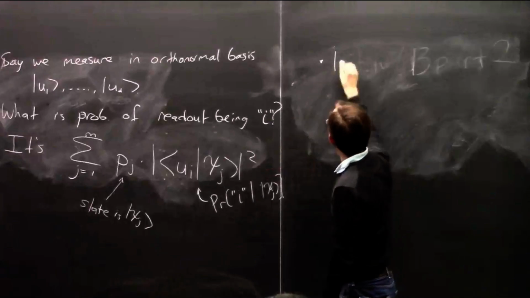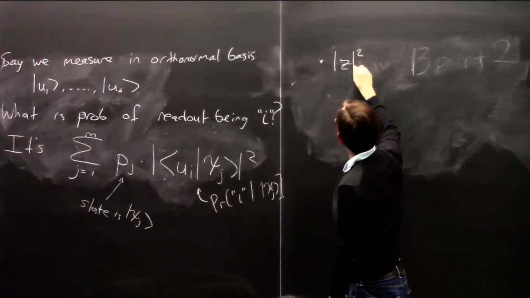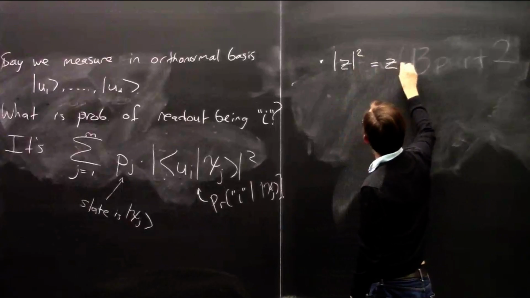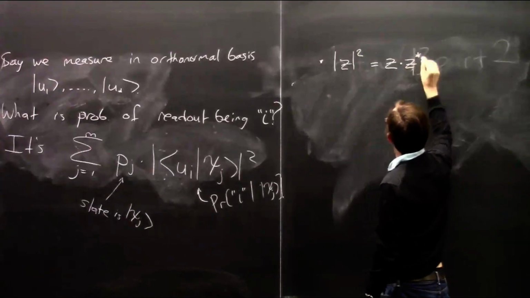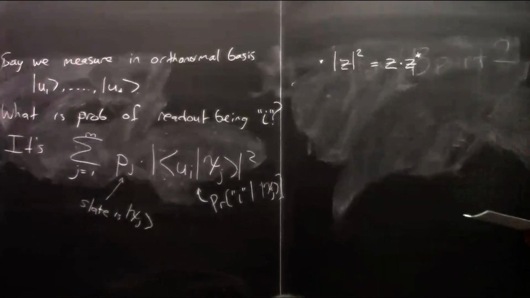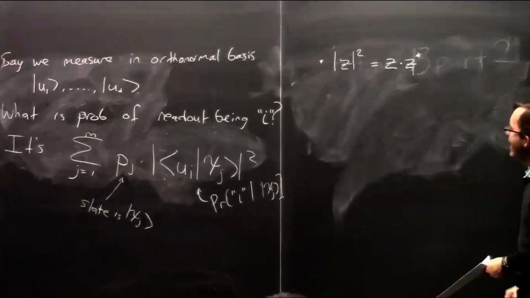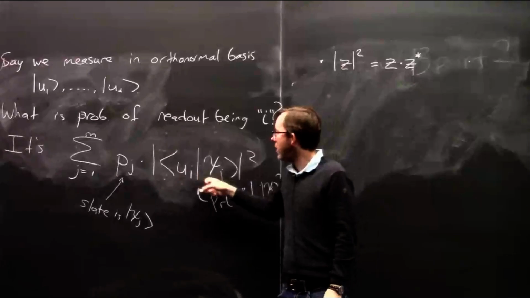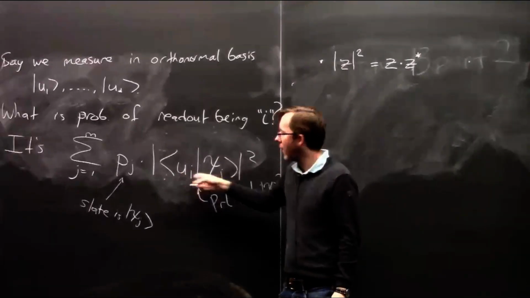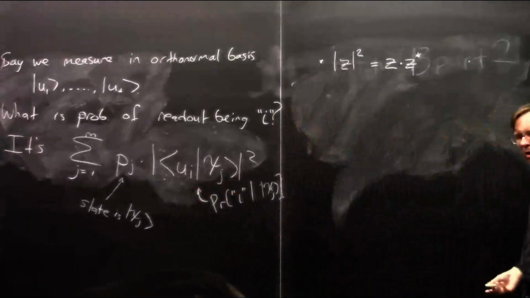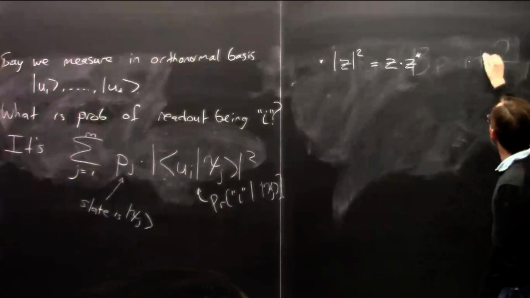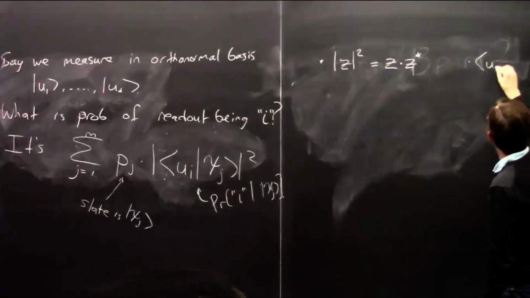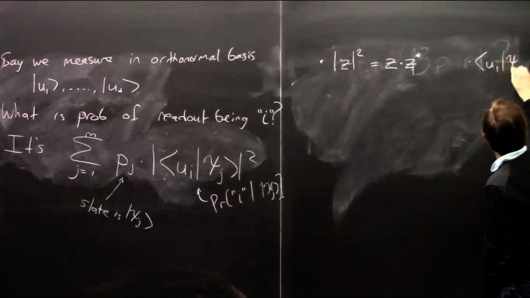We have here the magnitude squared of a complex number z. Just want to remind you that that's z times z conjugate. It's a fact about complex numbers. And I also want you to think about this as the inner product between these two vectors. It's like a 1 by d vector times a d by 1 vector. So it's a number, but you could also think of it as a 1 by 1 matrix, according to the laws of matrix multiplication.